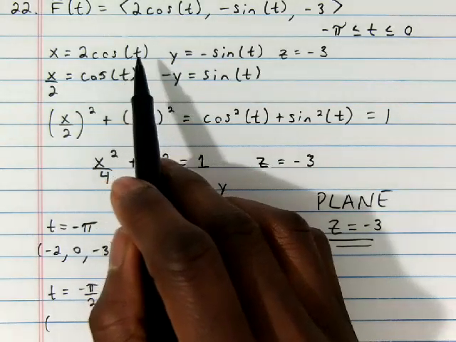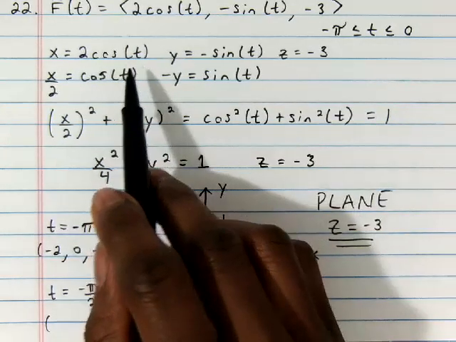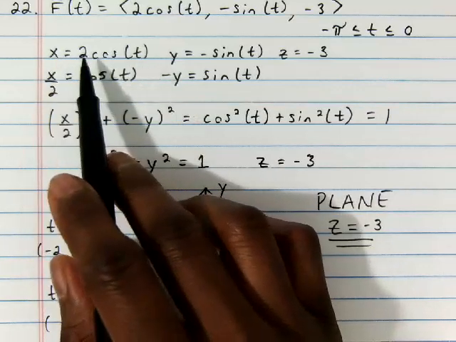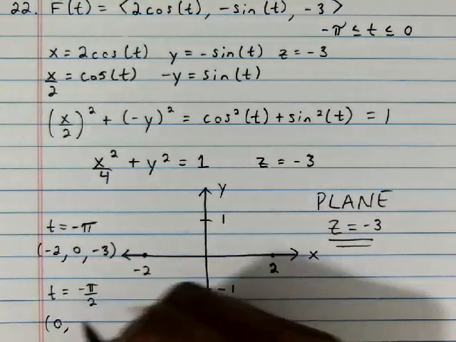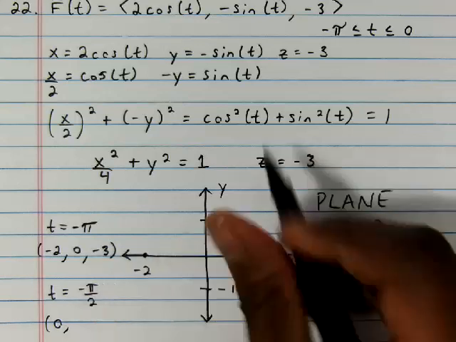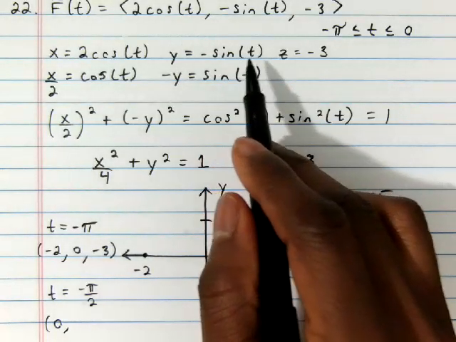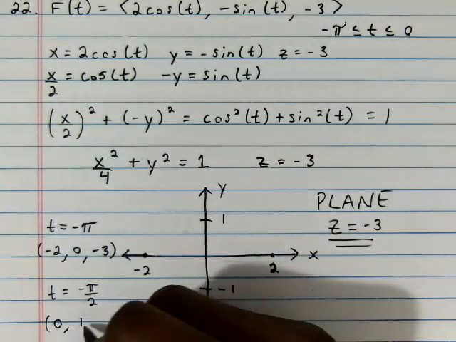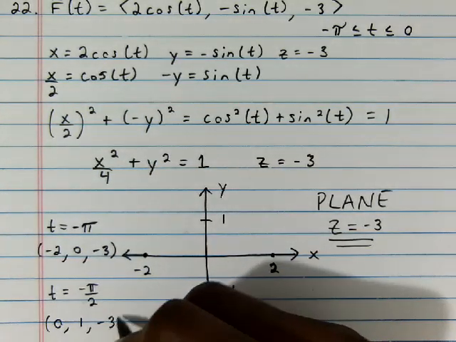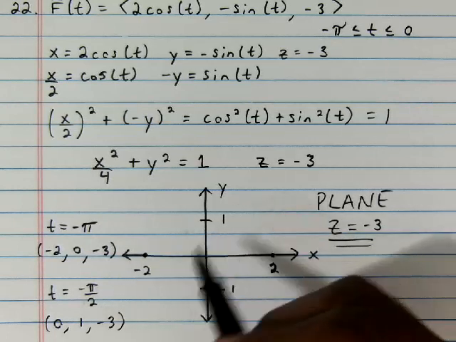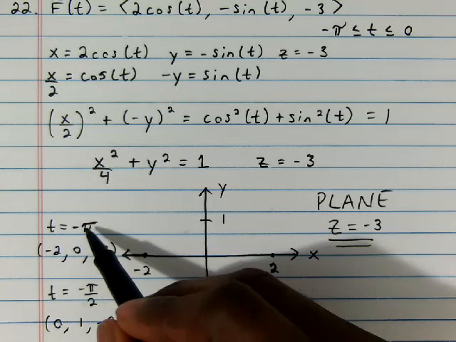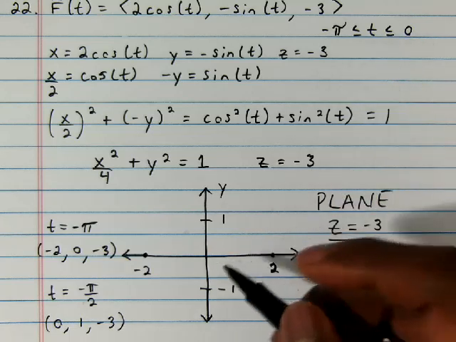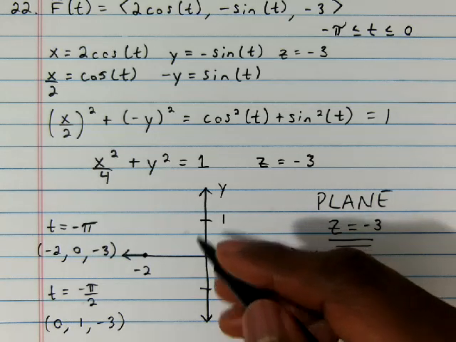Cosine of -pi over 2 is the same as cosine of pi over 2, which is 0. So x equals 2 times 0, which gives us 0. And then negative sine of -pi over 2 is the same as sine of pi over 2, which is 1. And then my z is always -3. So at t equals -pi over 2, moving in the positive direction along this interval, I'm at (0, 1, -3).